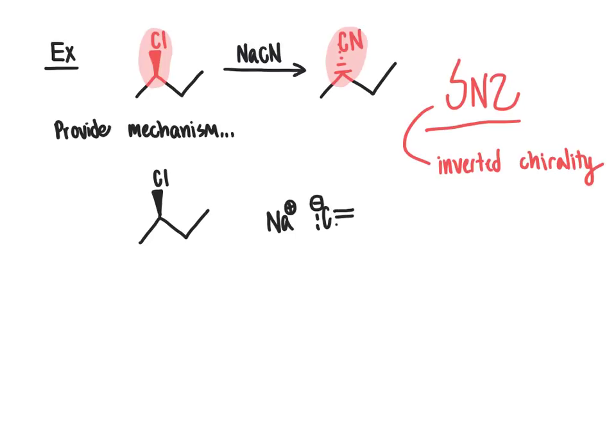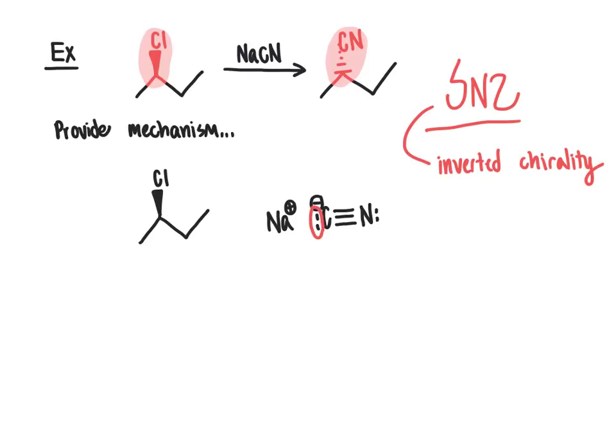And in order to fill the octet for the carbon and take care of all the electrons that would have to be in this structure, we're going to have to put a triple bond in and a lone pair there on the nitrogen to enable us to create the most stable resonance structure of CN using all the electrons that are available for that. So this is sodium cyanide. It's a really common nucleophile, and the trick to getting this right is being able to recognize which atom, nitrogen or carbon, is going to be negatively charged. And here it is going to end up being the carbon that's negatively charged.